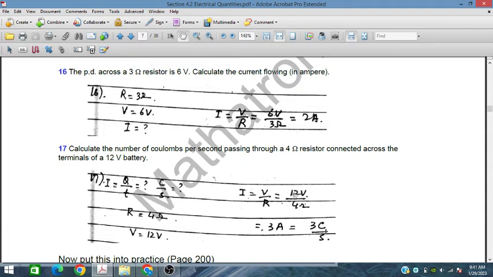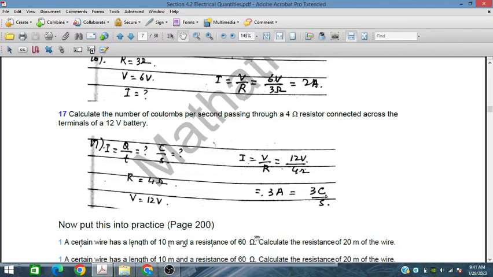So 12 divided by 4 is basically 3 amperes, and this 3 amperes is basically coulombs per second. Ampere is equivalent to coulombs per second. So 3 ampere is equal to 3 coulombs per second.